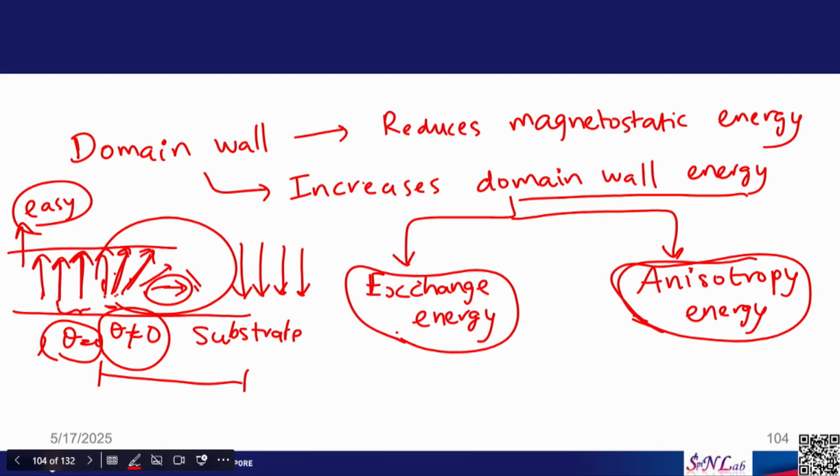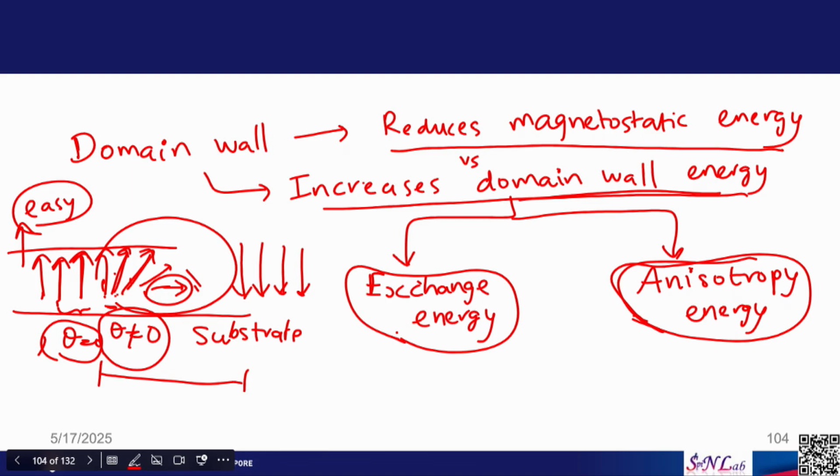Okay, so you can see that there are two cases. Domain wall formation reduces magnetic energy, but domain wall formation increases the domain wall energy. So finally, whether the system will form domains or not depends on the competition between these two.